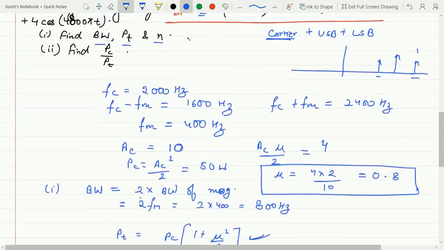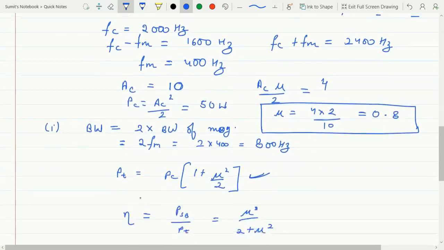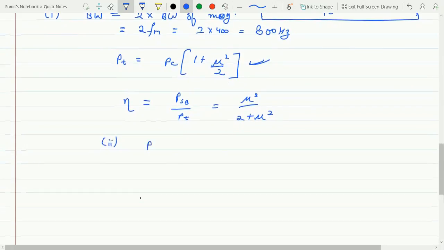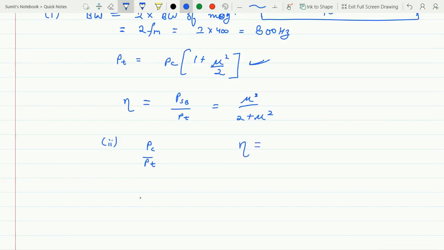And the second part is it's asking you PC by PT. So again, you know PC, you know PT, you can directly substitute the values here, or you know that efficiency is equal to PSB by PT.